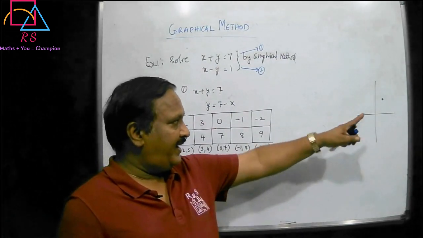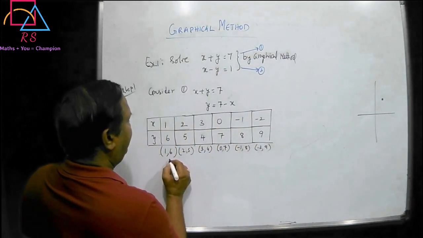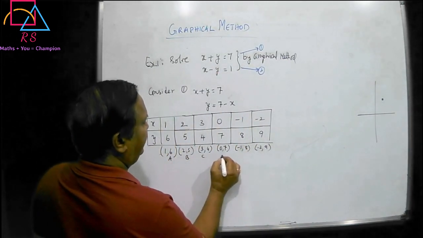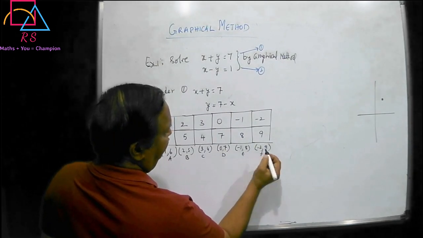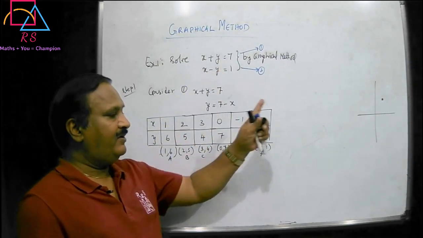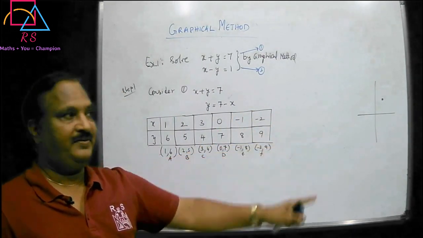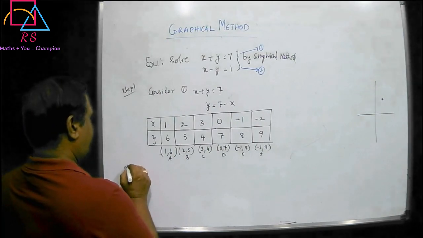Actually, when you locate a point, you should label the points also. So you can have A, B, C, D, E, F. So the first equation is ready to represent on the graph. But don't go directly to the graph. You take step 2 also.